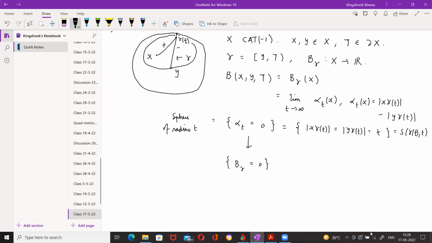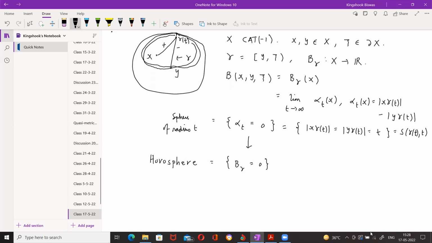If you do this in the disk, say in H2, you get a circle tangent to the boundary which passes through y. This is called a horosphere. It's a limit of spheres of increasing radius.